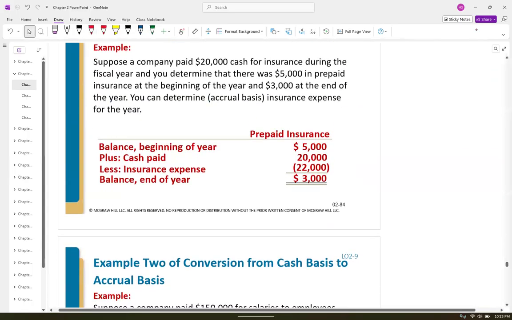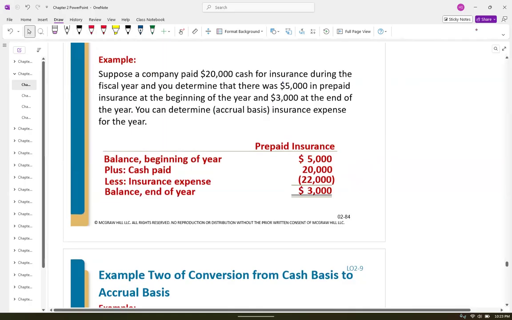Okay. So right here, they told us, suppose that a company paid $20,000 cash for insurance during the fiscal year. You determined that there was $5,000 in prepaid insurance at the beginning of the year and $3,000 at the end of the year. So you can determine the accrual-based insurance expense for the year.